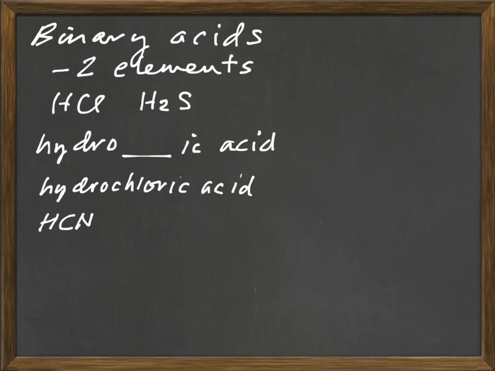This is just kind of an exception, and it ends up being an exception because of the way your book defined binary acid. But this is hydrocyanic acid. So CN minus is cyanide. So we change this ending to ic and put hydro in front, hydrocyanic acid.